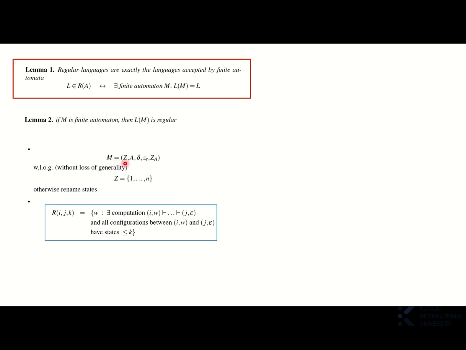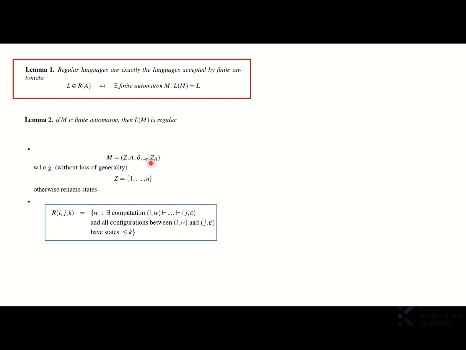A DFA consists of a set of states, an alphabet that it accepts, and a transition function that tells you, from which state and which alphabet letter, where do you go with an arrow like this if you're drawing it. Then you have a start state and a bunch of accepting states. This is a completely general machine. The first observation that I make here: I start with the machine and I want to prove that the strings this machine accepts form a regular language.